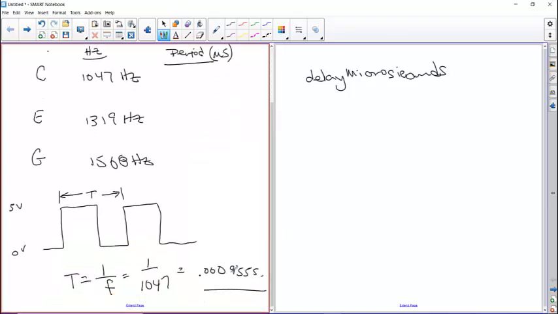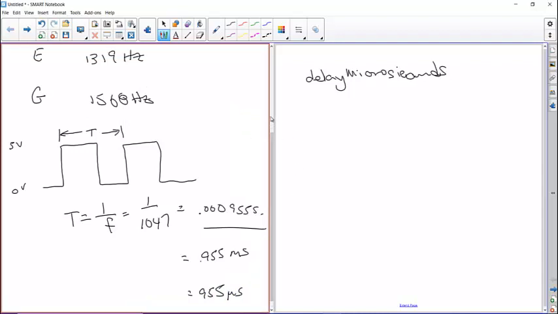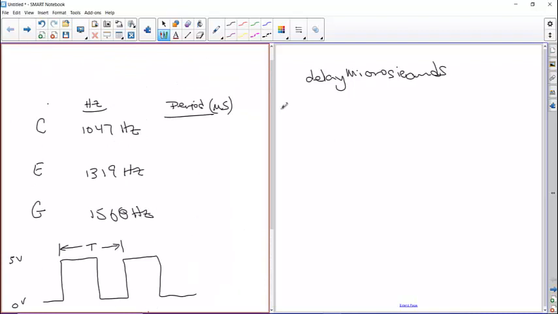In terms of this, it's 0.000955 seconds, which is 0.955 milliseconds. You multiply that by 1,000, and it's 955 microseconds. So that is the period.